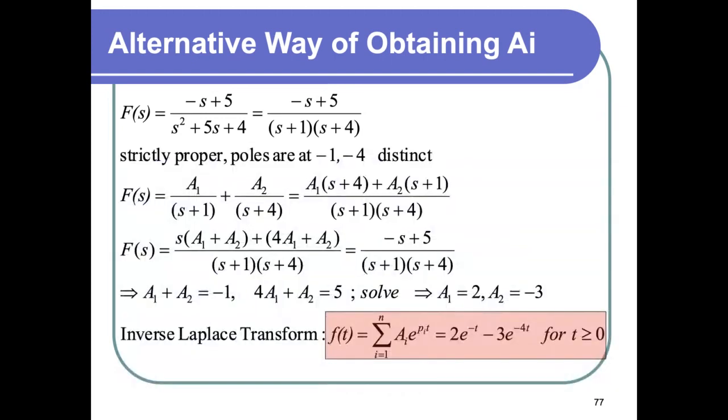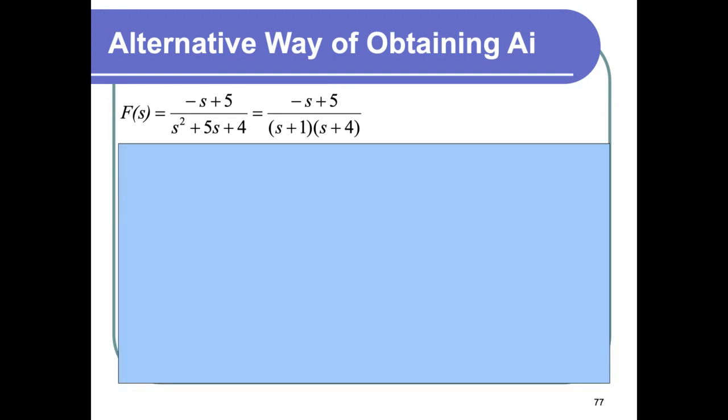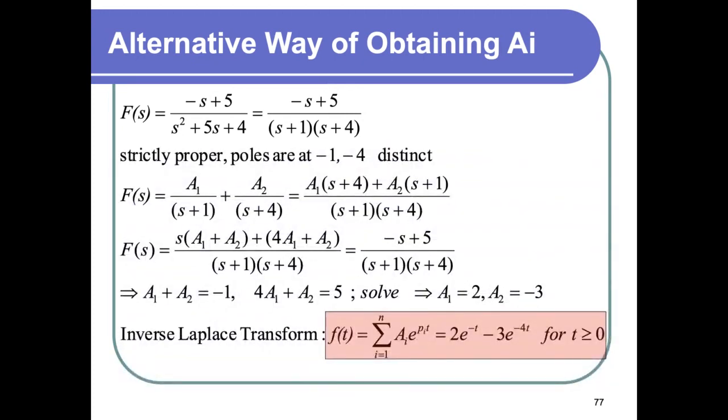There is an alternative way of obtaining A_i, which is the following. Basically, you have A1 over s plus 1, and you have A2 over s plus 4.